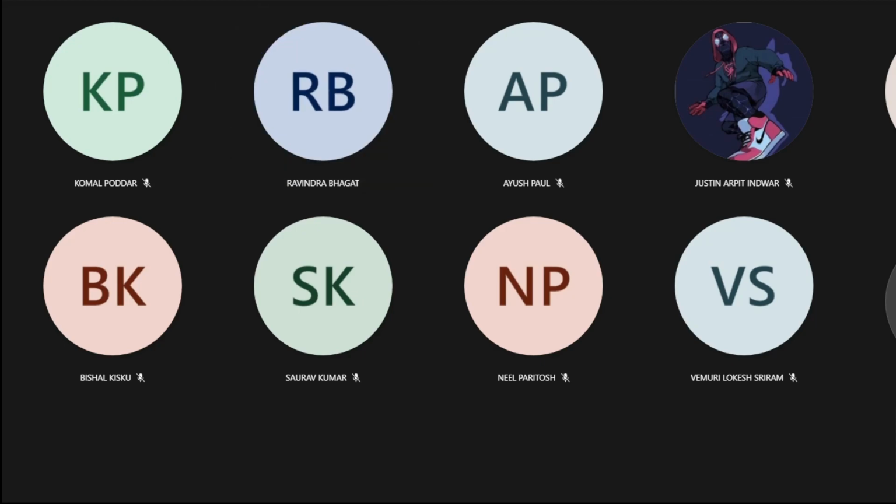So let us see the different functions of the secretariat.